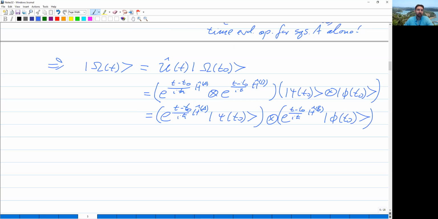And remember that if we had not worked with the big Heisenberg cut, but instead had just made the Heisenberg cut around system A, then if we had just time evolved according to the Schrödinger equation, with respect to the time evolution operator for the Hamiltonian h hat A, then this would have been the dynamics of that subsystem. So psi of t, it's this, and tensor phi of t.